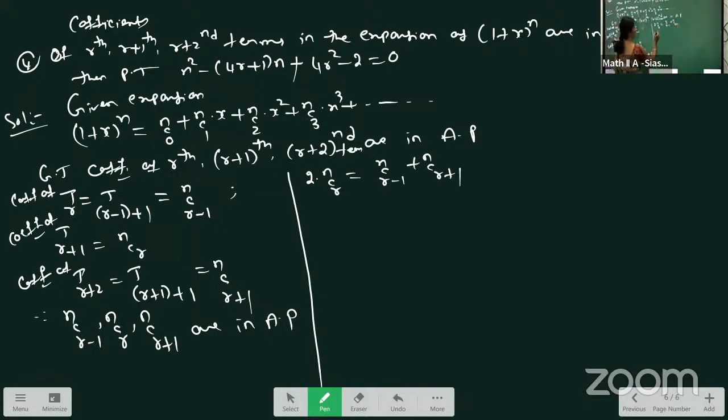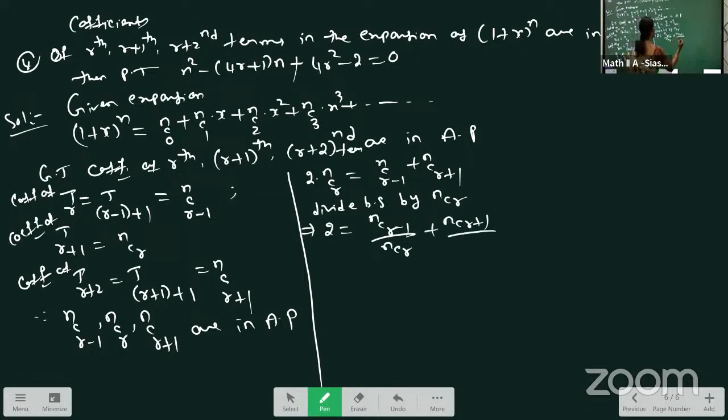Again, what to do here? Divide both sides by nCr. If we divide, here only 2 is left, and on the other side nC(r-1)/nCr plus nC(r+1)/nCr. Now apply the formula.